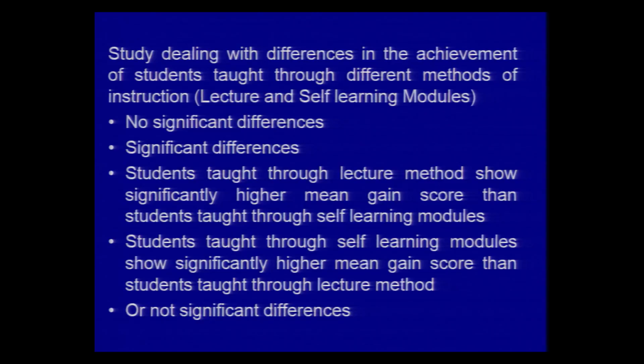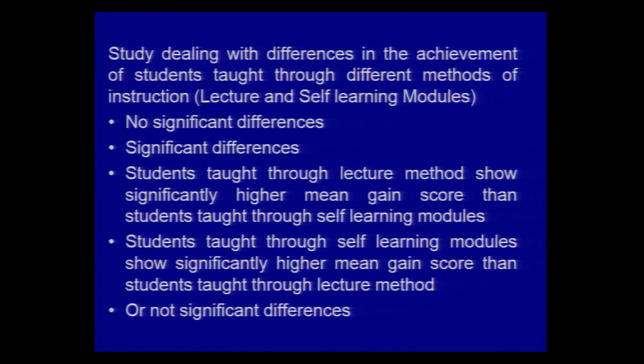Let's see another example. Say you are taking up a study which deals with differences in the achievement of students taught through different methods of instruction. Maybe you are teaching one group with the lecture method and you allow the other group to do independent study by self-learning modules.